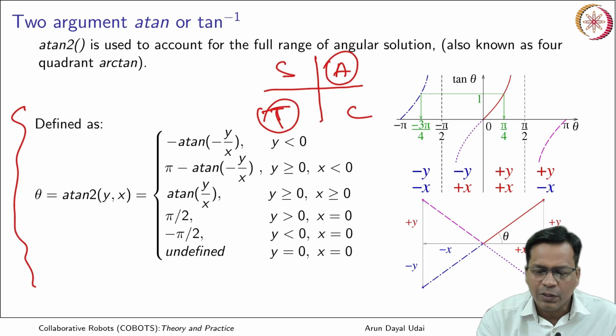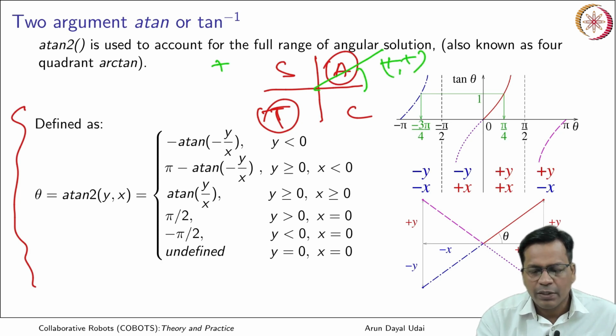So based on the location of your arm, if your arm is located here, it is plus for x and y. If it is here, it is having a different scenario, so it is negative and positive for x and y coordinates.